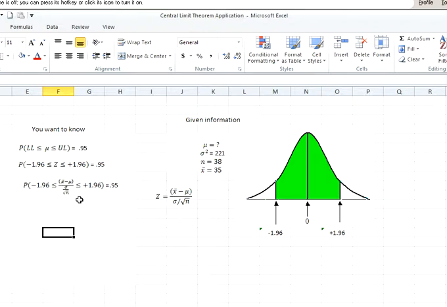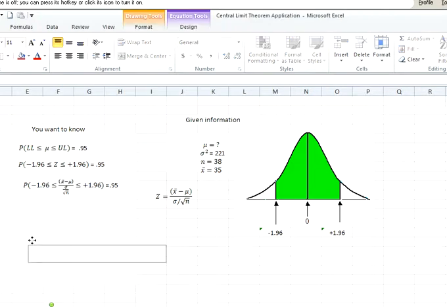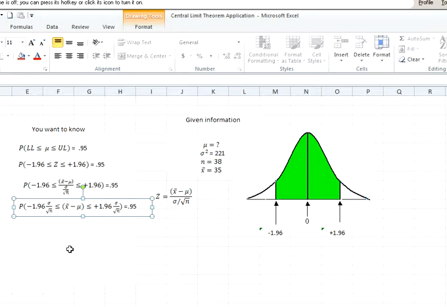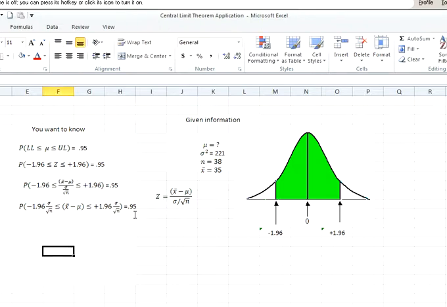Now the whole idea is to isolate mu by algebraic operation. So what you're going to do, you're going to multiply both sides, I mean, this whole thing, all the numbers inside the parentheses, with sigma over square root of n. And once we do that, we are going to have a different expression altogether. So we are going to have this. You can see, just rearranging the numbers.